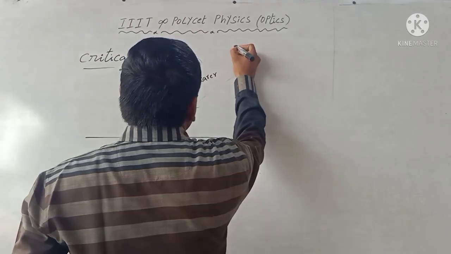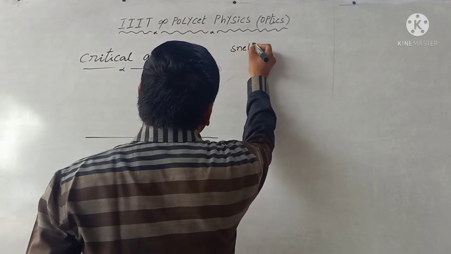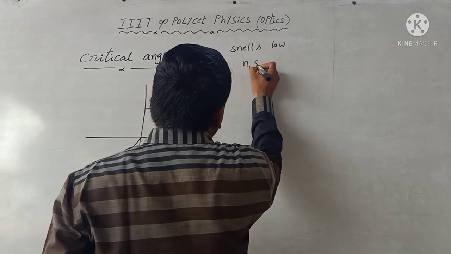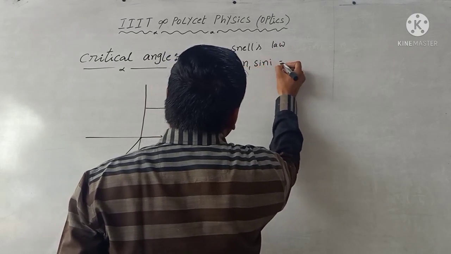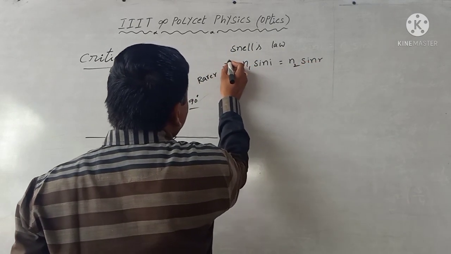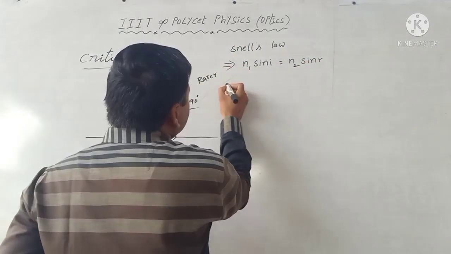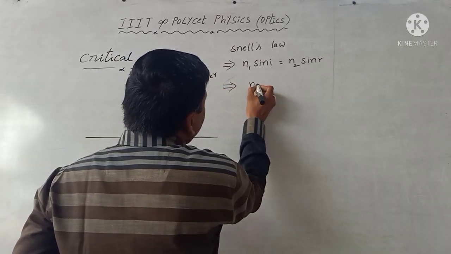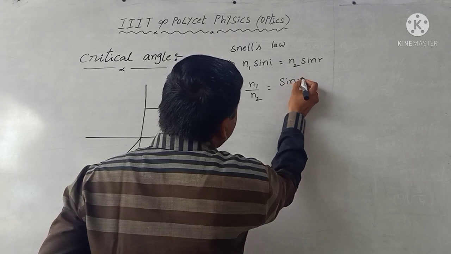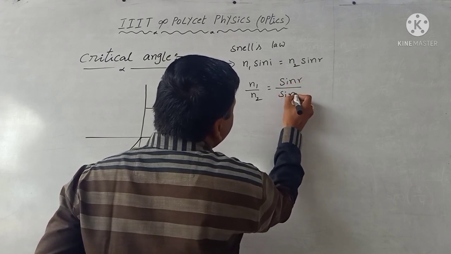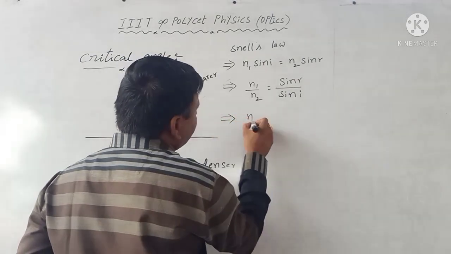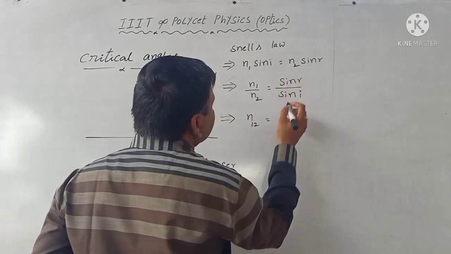According to Snell's law, N1 sin I equals N2 sin R. Then N1 by N2 equals sin R by sin I. Then N12 equals sin R value.